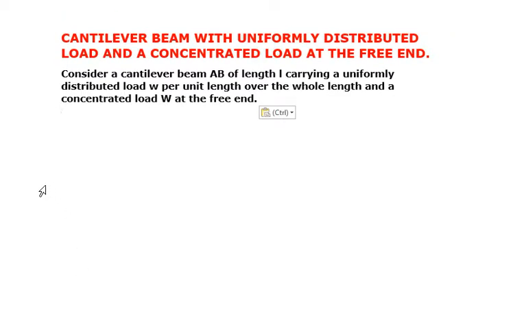Now let's solve the question. So here we have to take one cantilever beam.